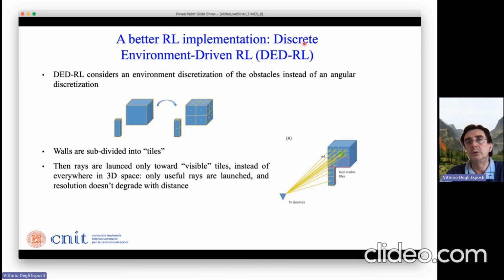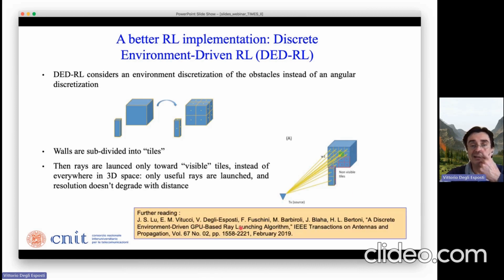That's why we talk about discrete ray launching. And then the rays are launched toward each one of those visible surface elements. And this algorithm can be iterated for multiple bounces. So we can pre-compute the visibility relationship between different surface elements, and then launch rays at each step only toward visible tiles. You can find some details about this algorithm in this paper, but we don't have time to delve into the details.